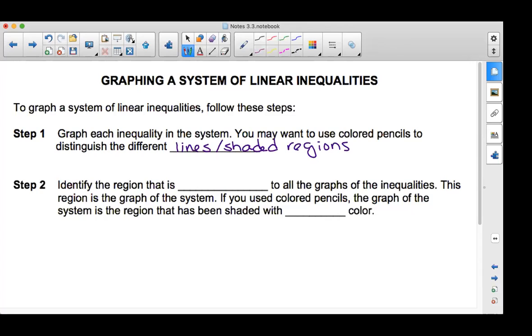And then we will identify the region. So again, it's not just one point, it's now an area of the graph, a region of the graph, that is common to all the graphs of the inequalities.